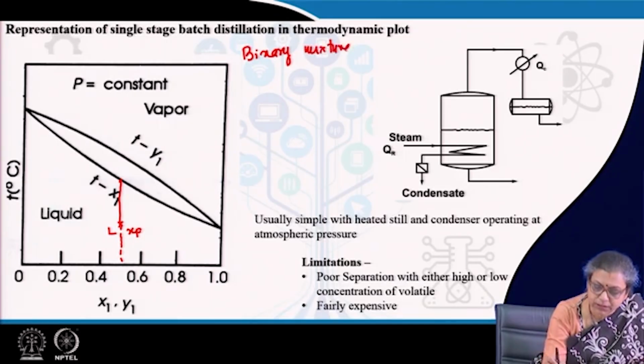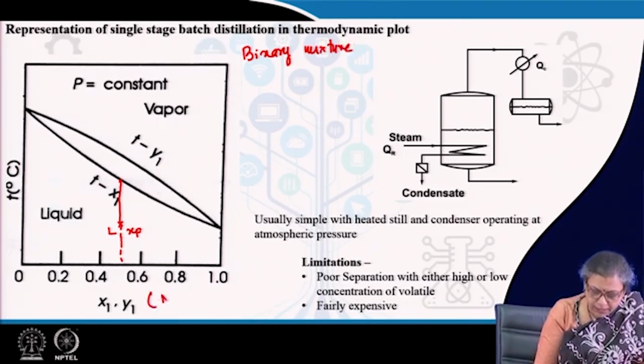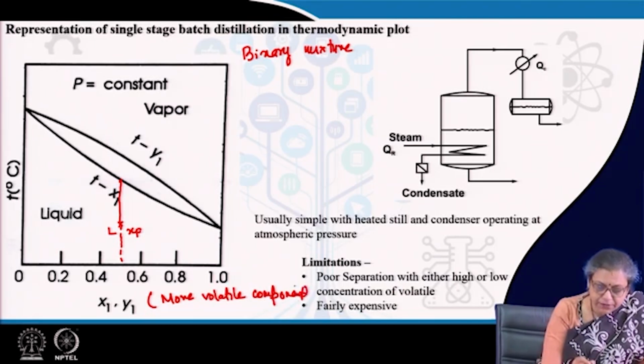And this is plotted in terms of the more volatile component. So x, y correspond to the composition of the more volatile component, and the moment it reaches the saturation state, we get the vapor which is in equilibrium with this composition.